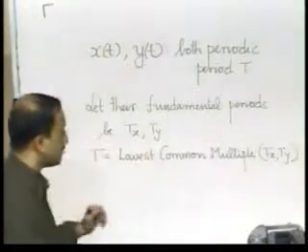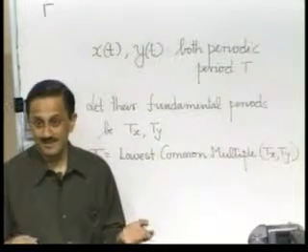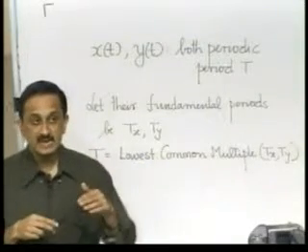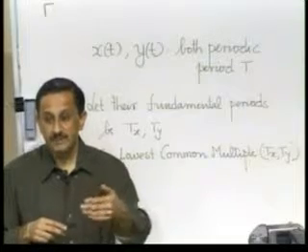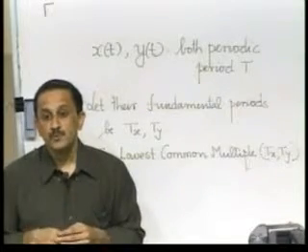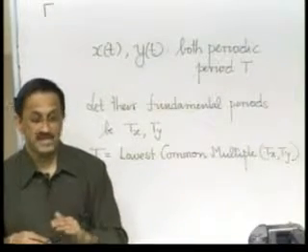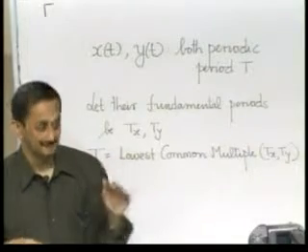And what do we mean by lowest common multiple in the context of real numbers? Well, it means that T is the smallest positive real number which is an integer multiple of both Tx and Ty. That is what we mean by lowest common multiple for the context of real numbers.